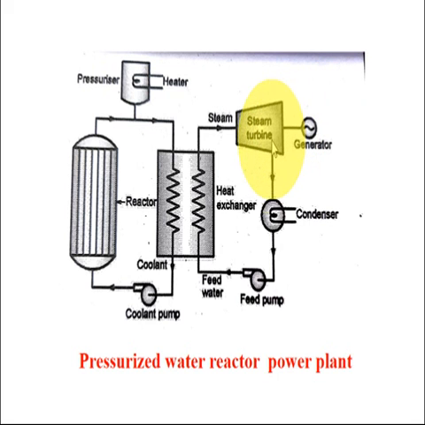The exhaust steam goes to the condenser, where it condenses and is then pumped again into the heat exchanger with the help of the feed pump, and the heavy water leaving the heat exchanger is again pumped into the nuclear reactor with the help of the coolant pump. So the pressurized heavy water reactor consists of nuclear reactor, pressurizer vessel, heat exchanger, coolant pump, and Rankine cycle coupled to generate power.